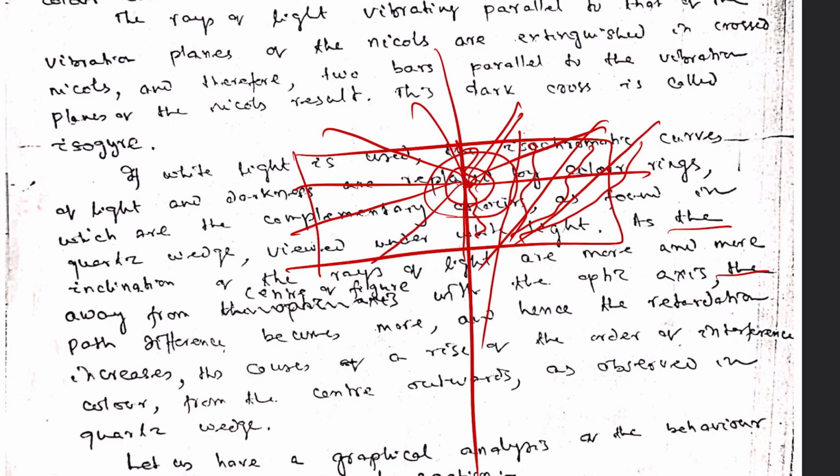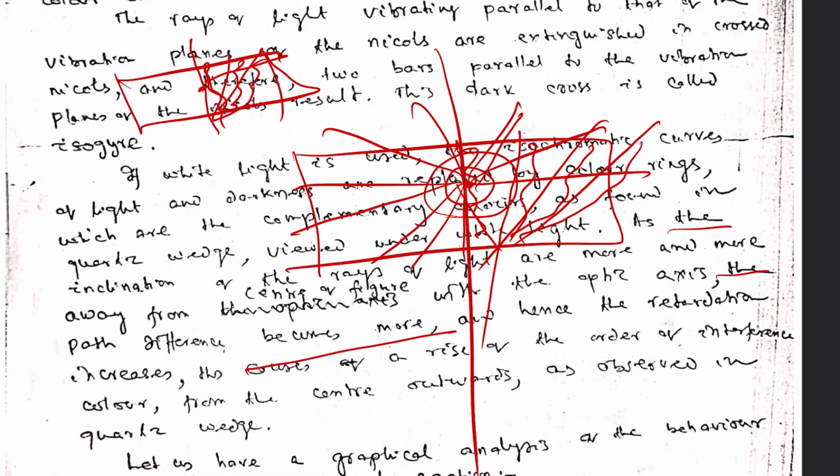That means the thickness of the section appears to be more as we move from the center outwards in the mineral section. So this light covers the exact thickness, and this covers more thickness. So from the center outwards, what happens?